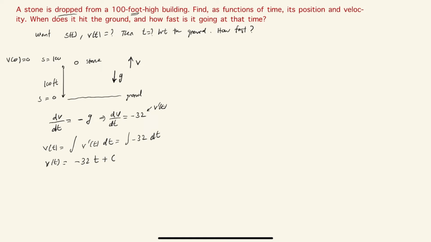Here I'm going to use the initial condition for the velocity, v of 0 equal to 0, to find the value of c. So I'm going to plug in t equal to 0 and v equal to 0. Here c is going to be equal to 0. Therefore, the velocity as a function of time is going to be equal to minus 32t.